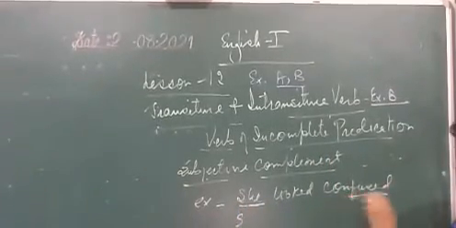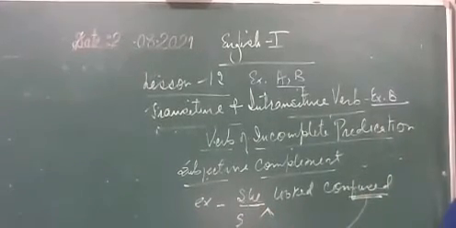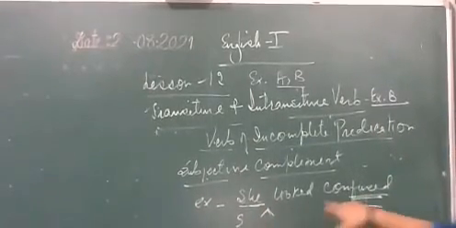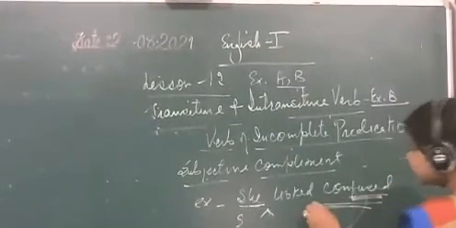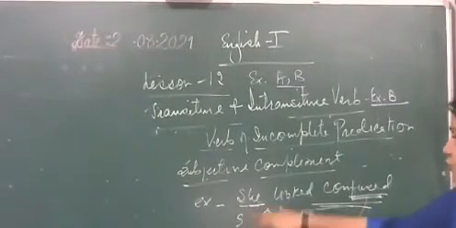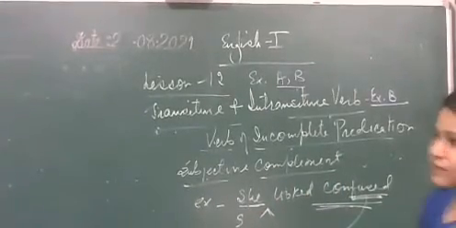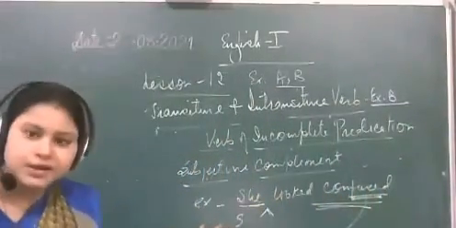Confused. Who is confused? So the subject is confused. Who is the subject? That is she. She is confused. She looked confused. So the word confused is a complement of the subject, which is she. Clear? So subjective complement is a type of complement in which we have additional information about our subject.